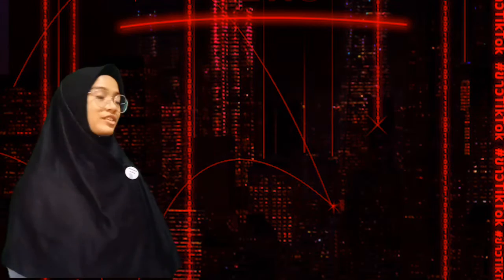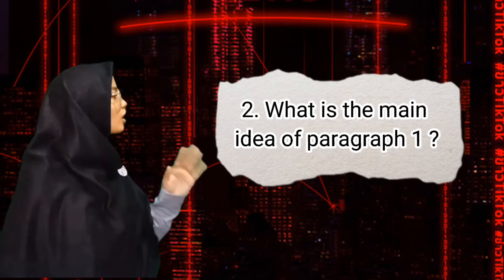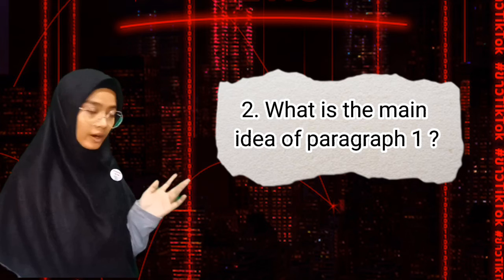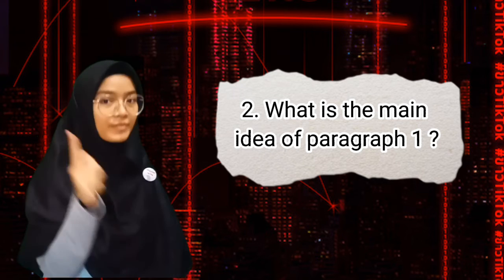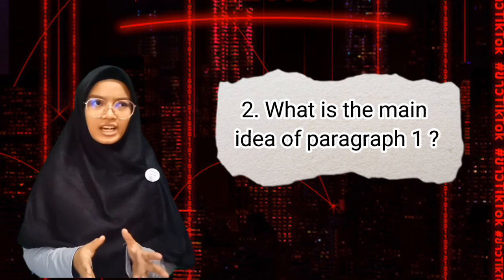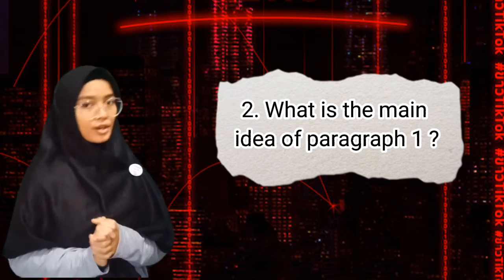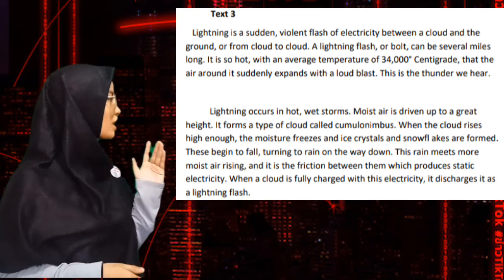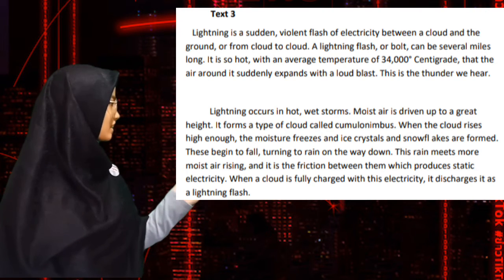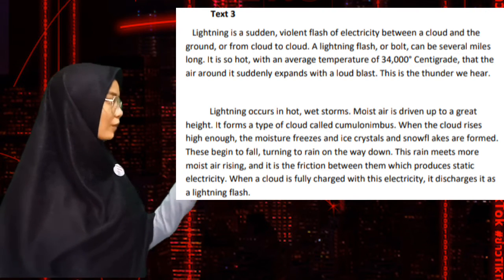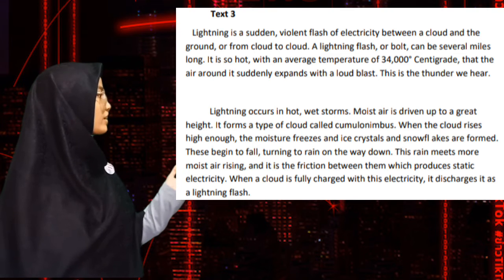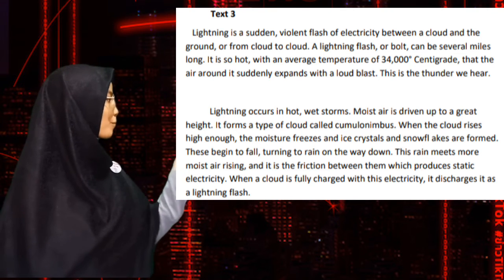Okay, let's move to the second question. What is the main idea of paragraph 1? Remember, a main idea usually is the first sentence of a paragraph. So let's check it out. The first sentence is, lightning is a sudden violent flash of electricity between a cloud and the ground or from cloud to cloud.